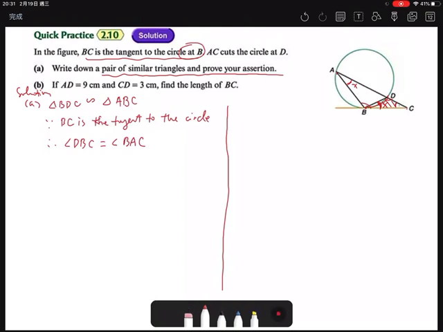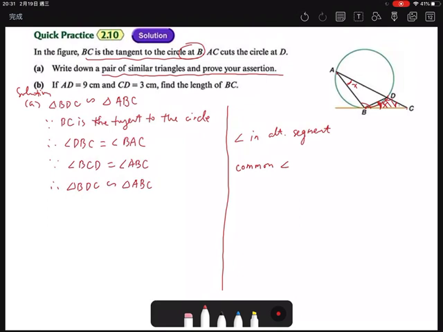The reason is angle in alternate segment. And because angle BCD equals angle ABC, common angle, we can get that triangle BDC is similar to triangle ABC.